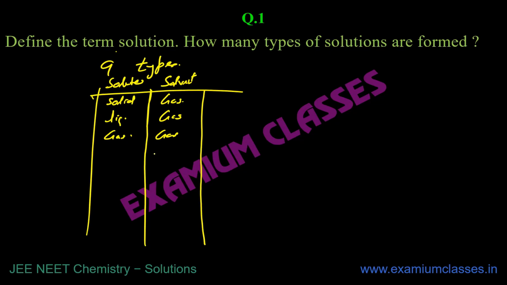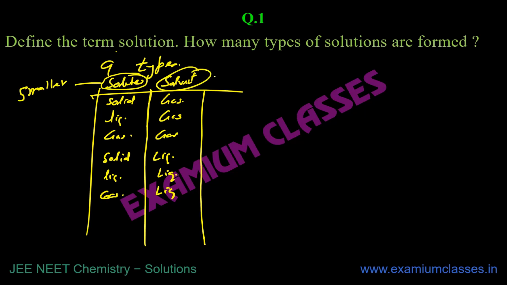Then solvent can be liquid, and then again you will repeat, solid, liquid, gas can be dissolved into liquids. The solute is normally smaller in quantity, and the solvent is normally greater in quantity.